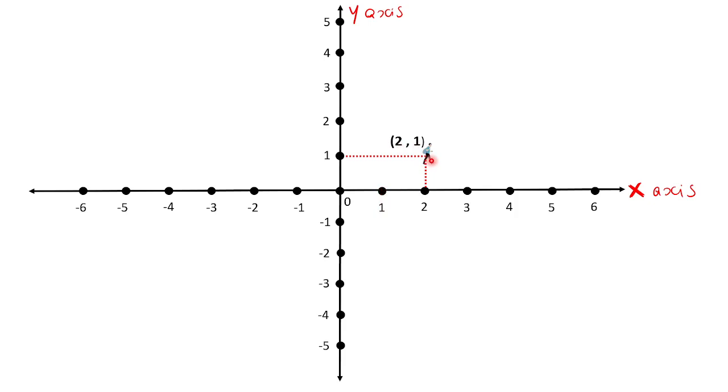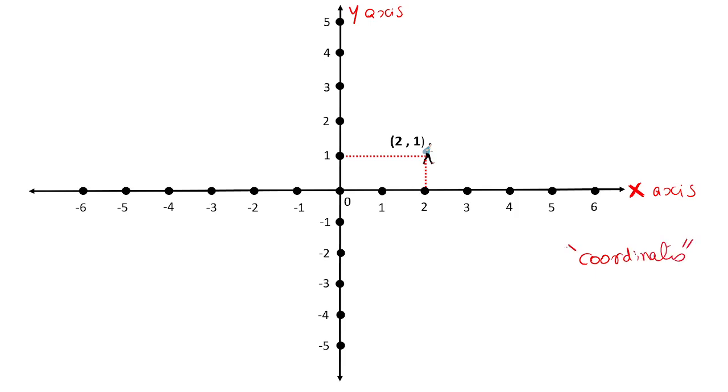So to find the position, draw dotted lines vertically and horizontally. Look at the x value on the x-axis, write it first. Look at the y value on the y-axis, write it second. The position written like this is said to be coordinates. Please remember that term, coordinates.